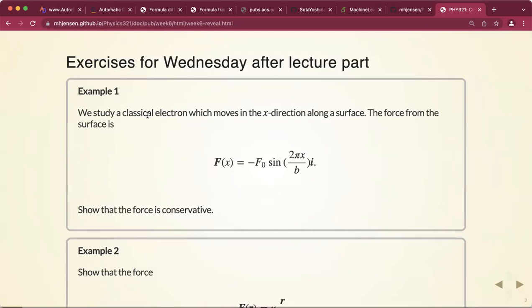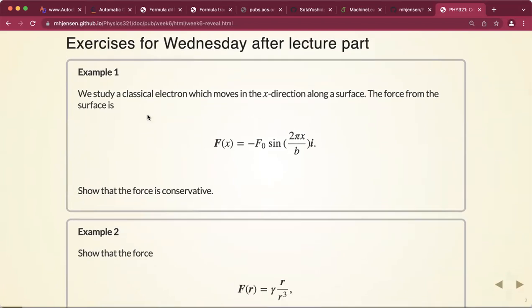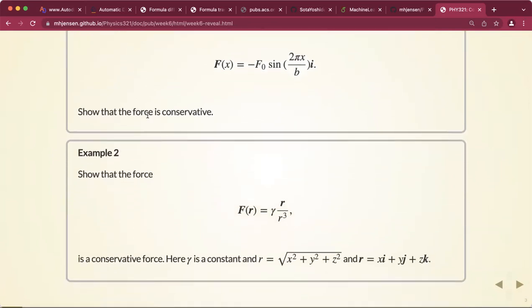The exercises which we are going to look at on Wednesday are also relevant for next week. And we have two examples. One is a force which you have seen already. And the other one is to show that this force here, which is very similar to the gravitational force, except that we haven't specified the constant gamma.